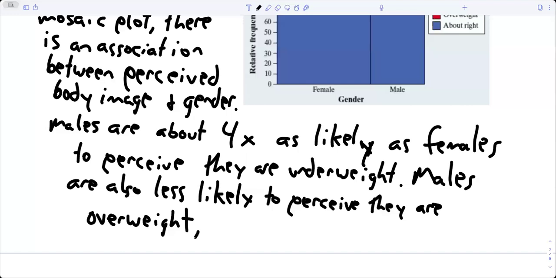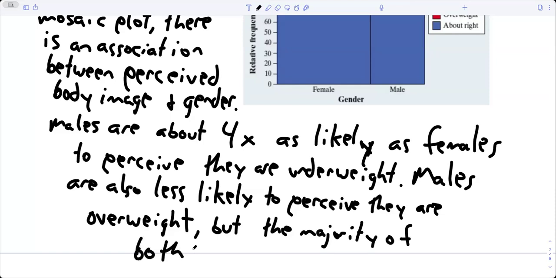But one last thing, let me look at the last category, and I said, but the majority of both genders feel their body image is about right.